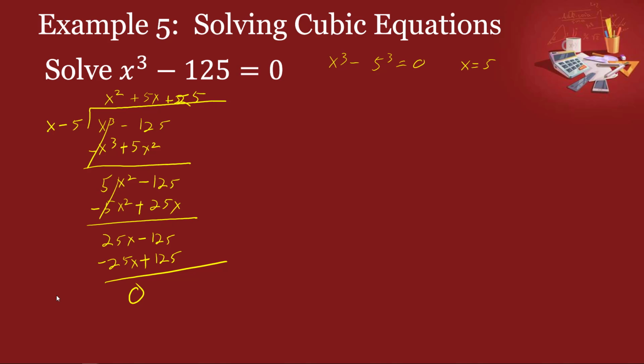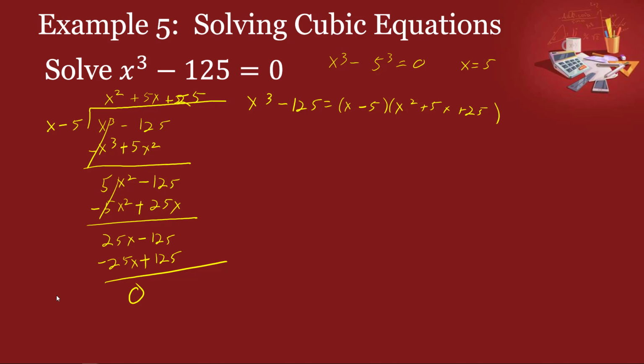So it turns out that x³ − 125 can be written as (x − 5) times (x² + 5x + 25).